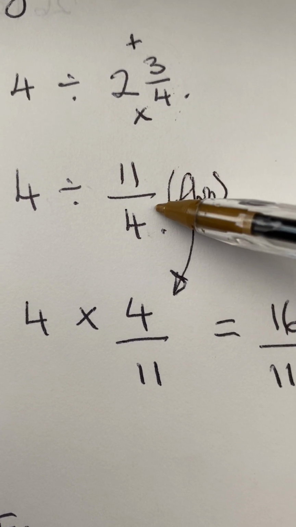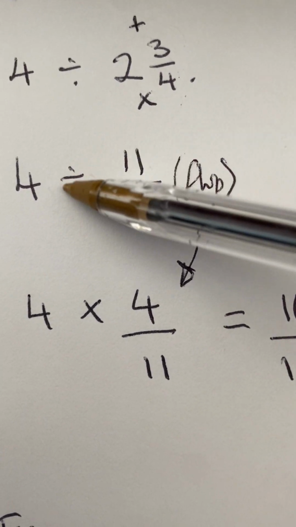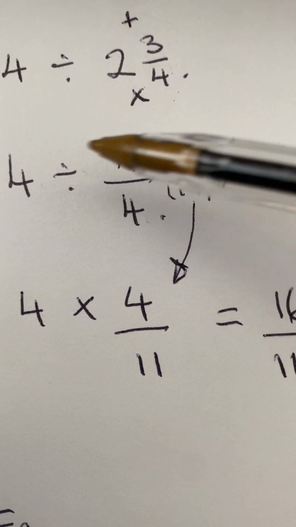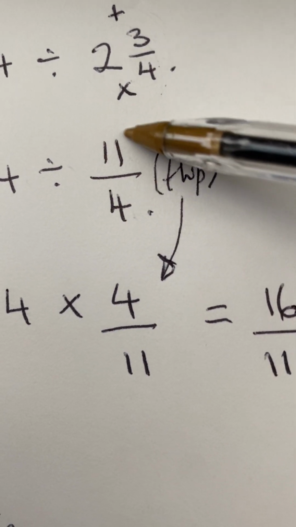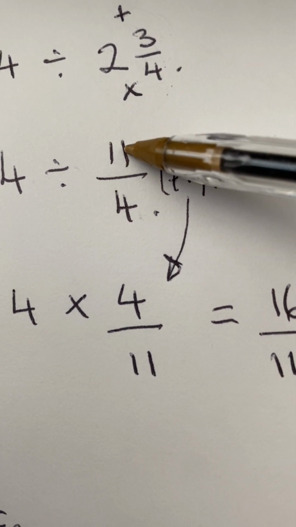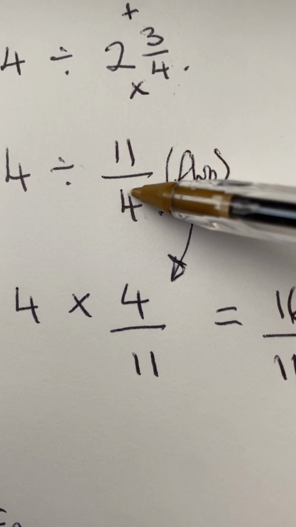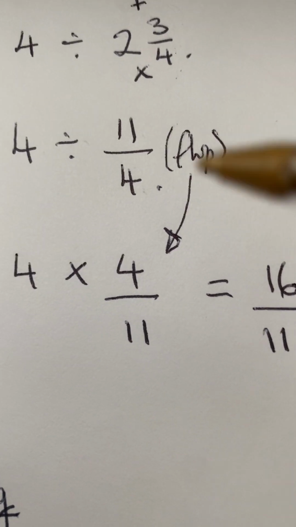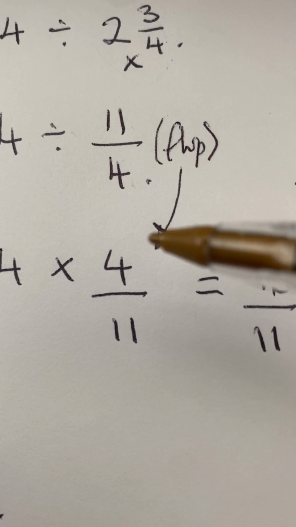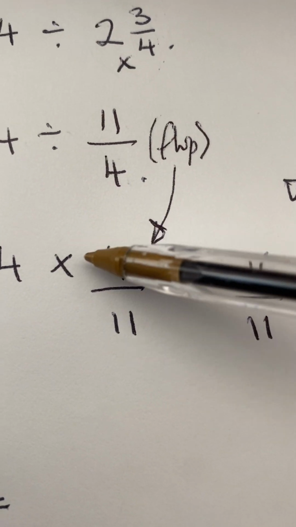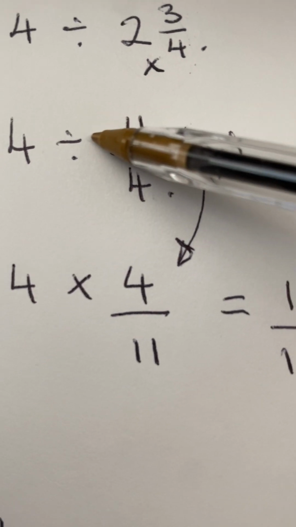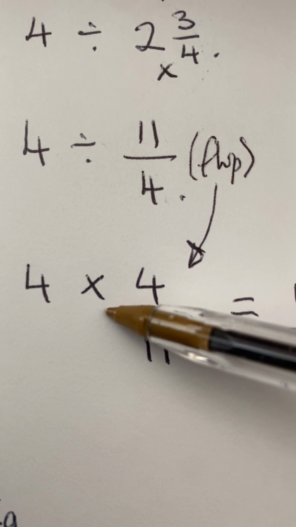Now, this is a top-heavy fraction because the numerator is greater than the denominator. Since we are dividing, how do we change the division sign to a multiplication sign?